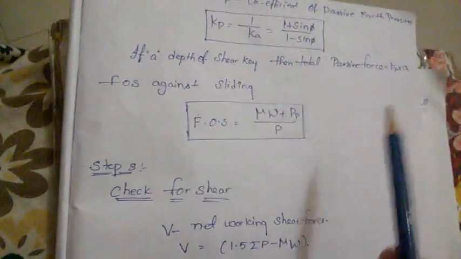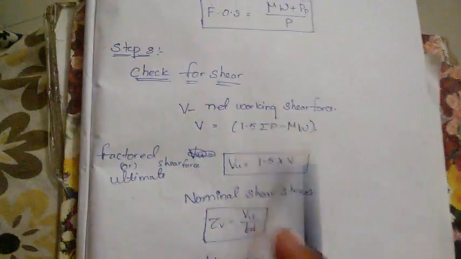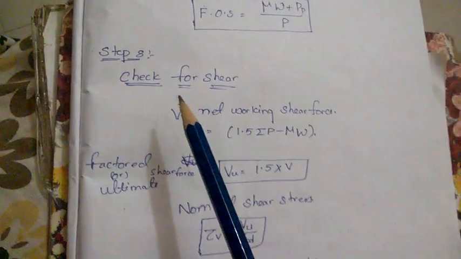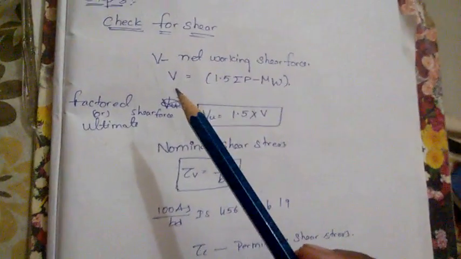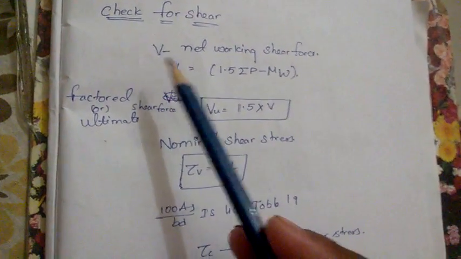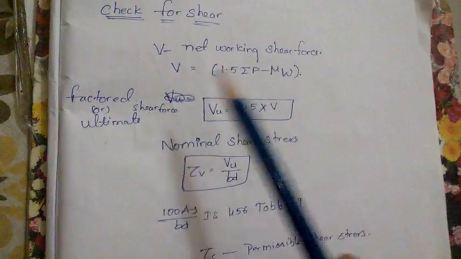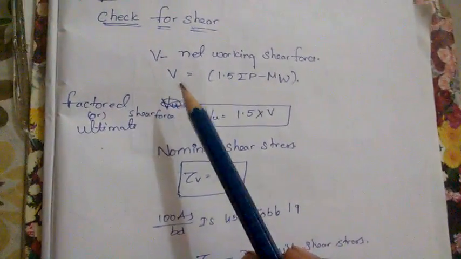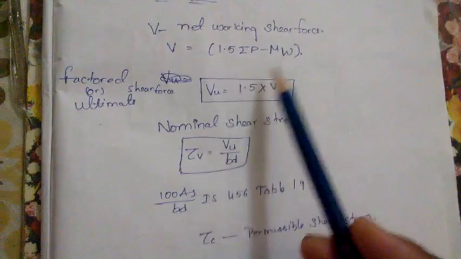Now we have completed the 7th step. Then check for shear. V means the net working shear force, that is, the total working shear force.